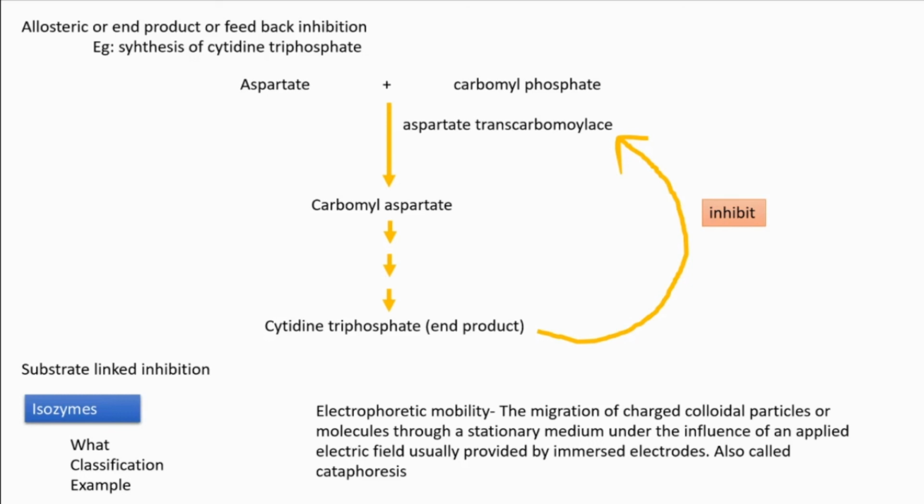But here, as the inhibitor alters the active site of the enzyme, it reduces the affinity of the enzyme to substrate. So that means Km value increases. But it will not prevent the dissociation of the enzyme substrate complex, so the Vmax is unaffected.